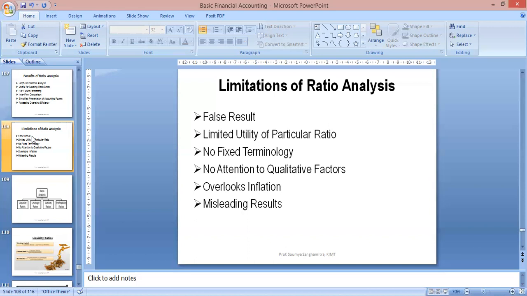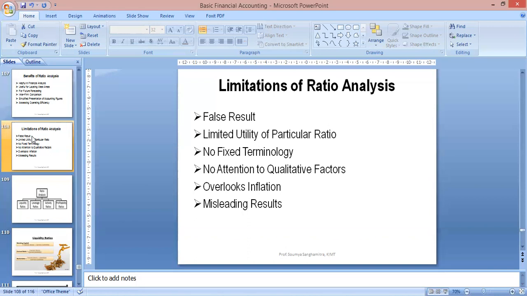This may give an erroneous result. Then no attention to qualitative factors. Ratio analysis is quantitative and does not take into account the qualitative factors. This gives one-sided views.